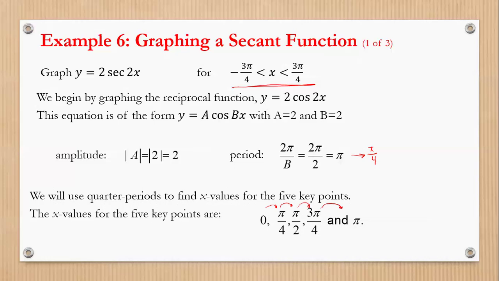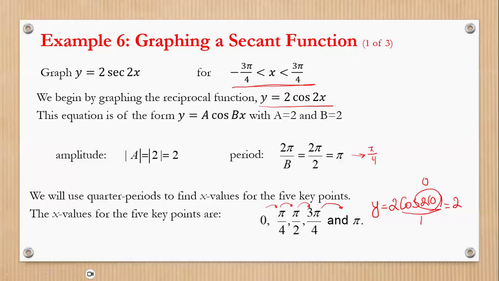After finding the 5 key points, we need to put these points into the cosine function and find the y value of each of these points. For example, if I replace the x by 0, I get 2 cosine of 2 times 0. You know that 2 times 0 is 0, and the cosine of 0 is 1, and 2 times 1 is 2.